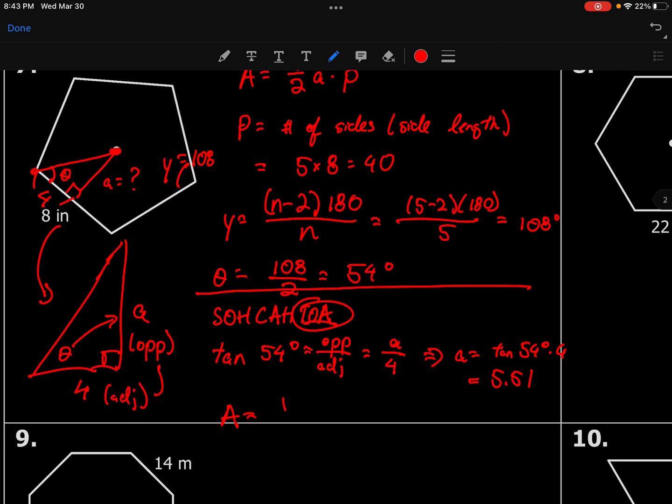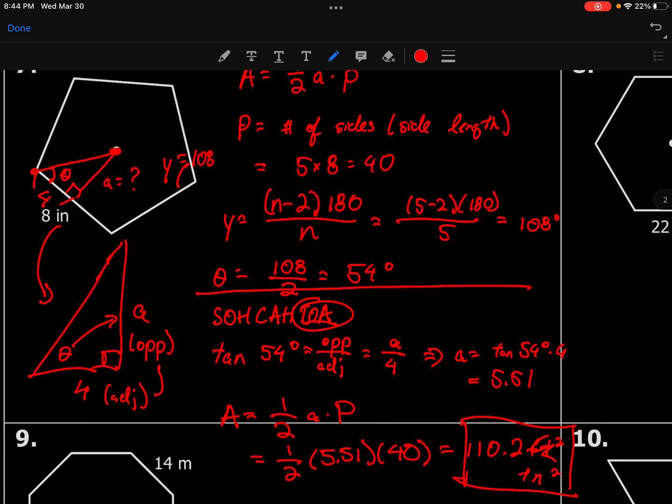Area is equal to 1/2 apothem times the perimeter. We found the apothem is around 5.51. We found the perimeter was 40. And now we know that the area is around 110.2 feet squared. Oops, inches squared. And now we are done.